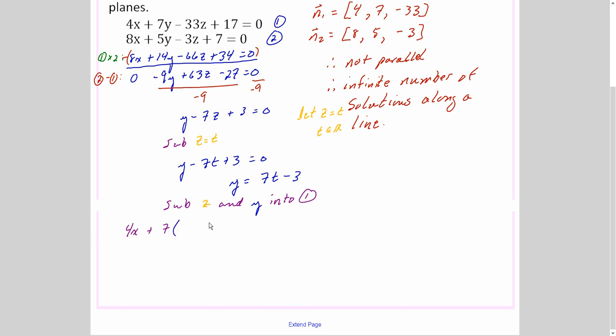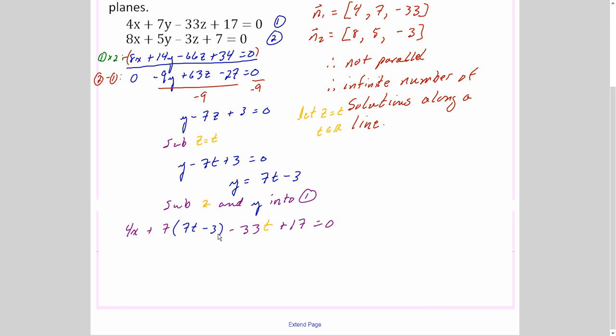That's going to be 7t subtract 3, subtract 33z, and I'm going to replace the z with my t value. Plus 17 is equal to 0.